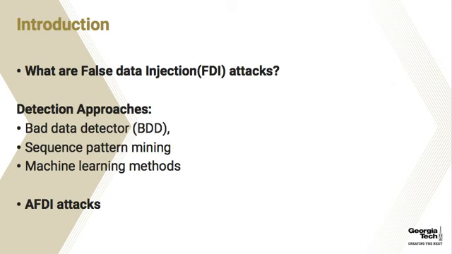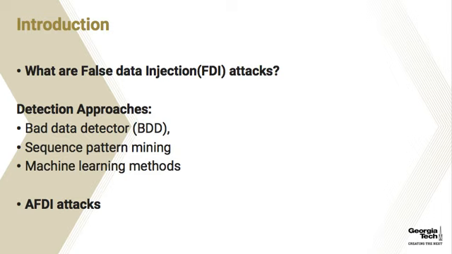So first, let's start off with explaining what FDI attacks are and what is the main purpose of a false data injection attack. So, what are false data injection attacks? The concept of FDI refers to the action of an attacker compromising sensory data in order to cause inaccurate state estimation. False data injection attacks are becoming more prevalent when dealing with CPSs.